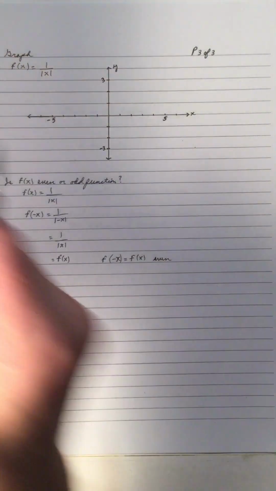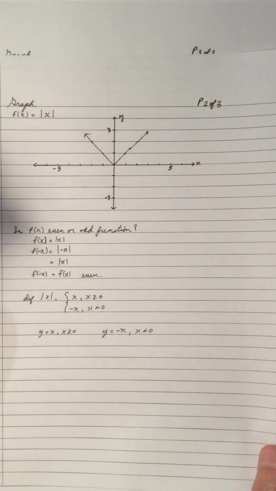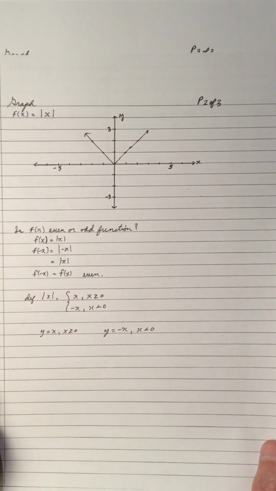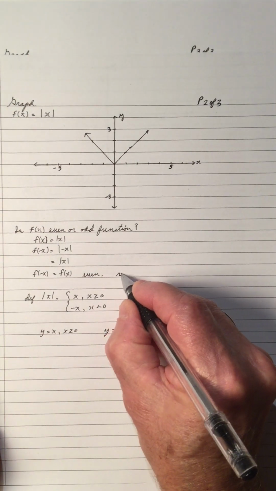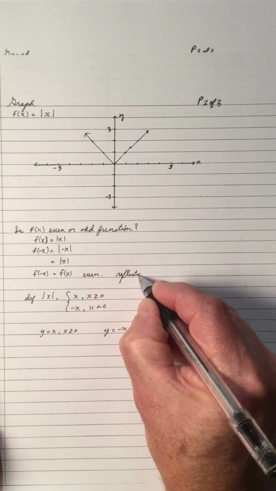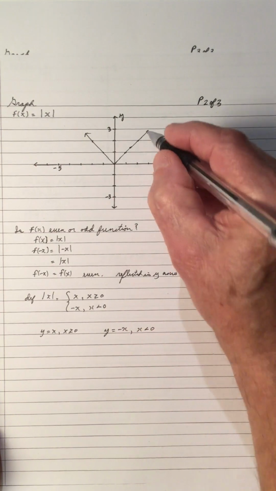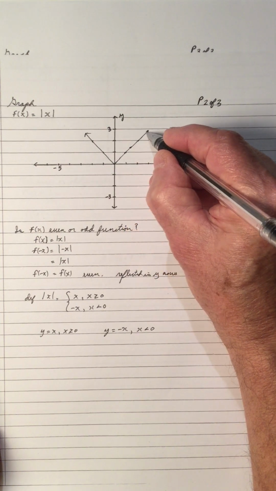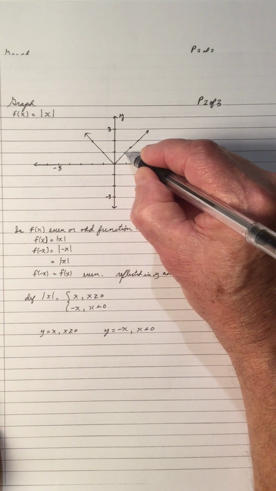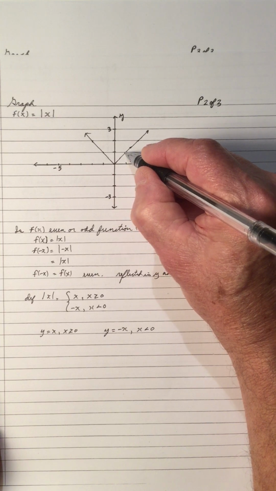I want to go back to the previous one. I forgot to mention, if this is even, it's reflected in the y-axis. You can see that all these ordered pairs have this ordered pair. This is 1, 1.